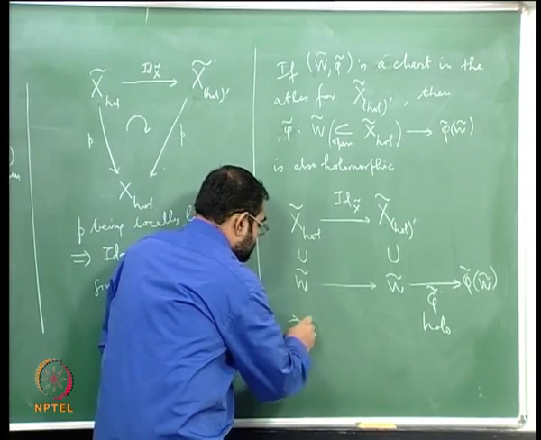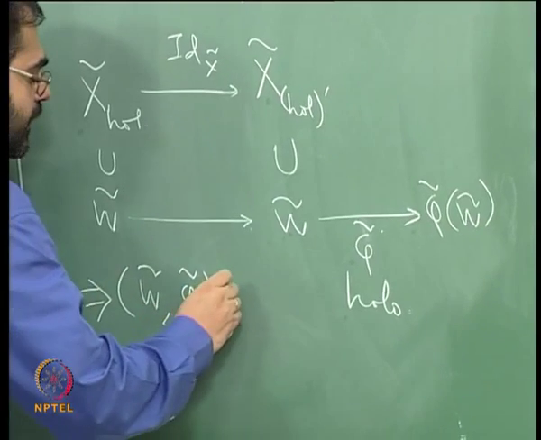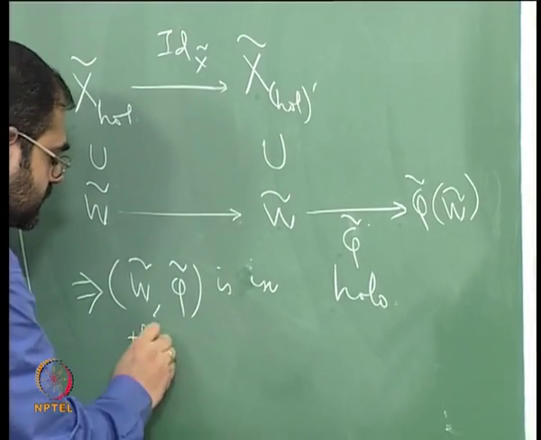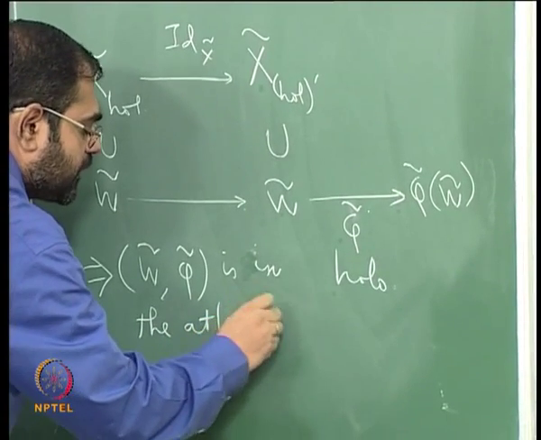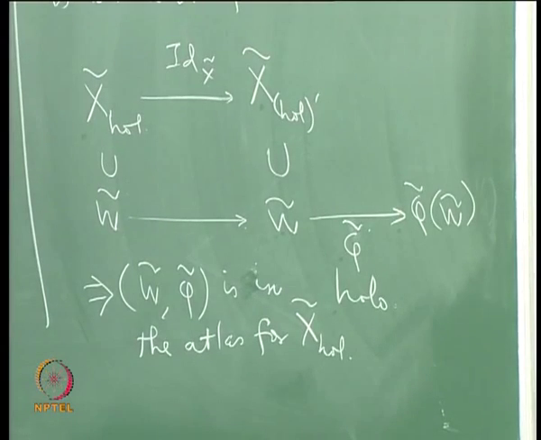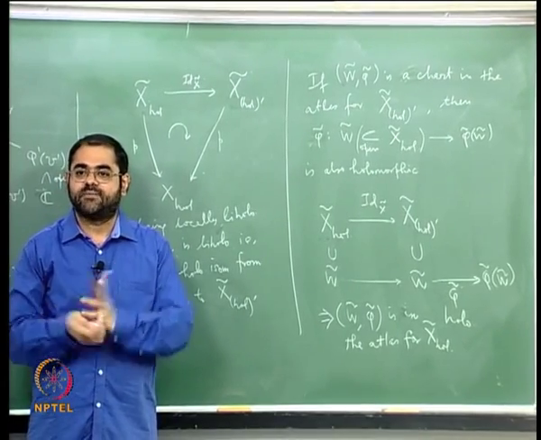So this implies that W tilde comma phi tilde is in the atlas for X tilde whole. The moral of the story is that these two are actually equal. They have the same maximal atlas.